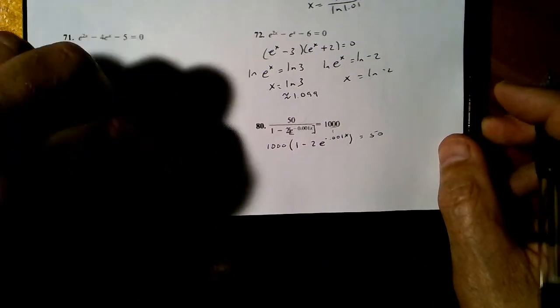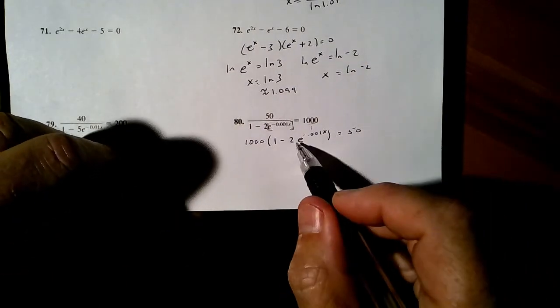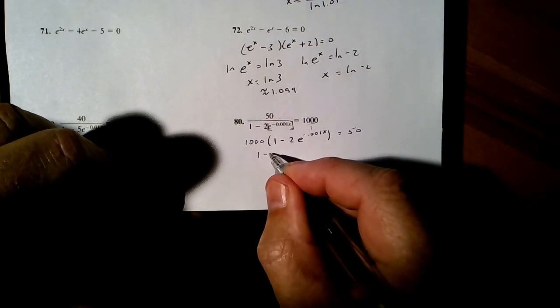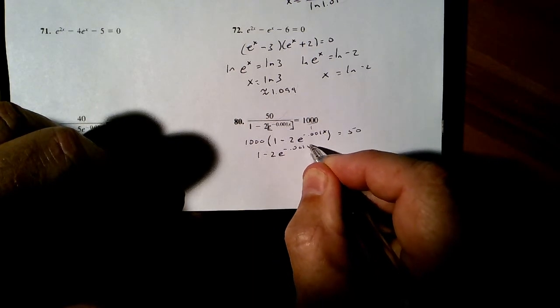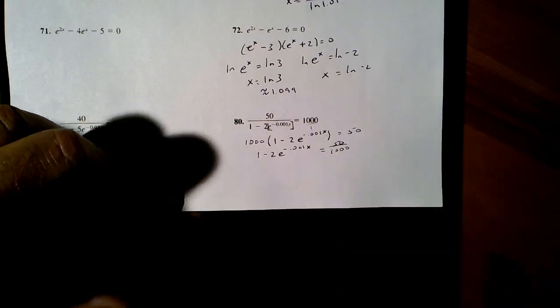50. Now you can distribute that 1,000 through there if you want, but my goal is to get this thing alone. So how about this? 1 minus 2e to the negative 0.001x equals 50 on 1,000.